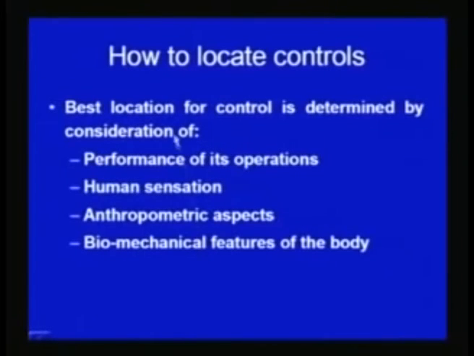So, these 4 factors are considered for identifying the optimum area, and in that optimum area the control devices will be located. Based on these 4 factors, the best possible area is identified for a group of persons and a group of tools.